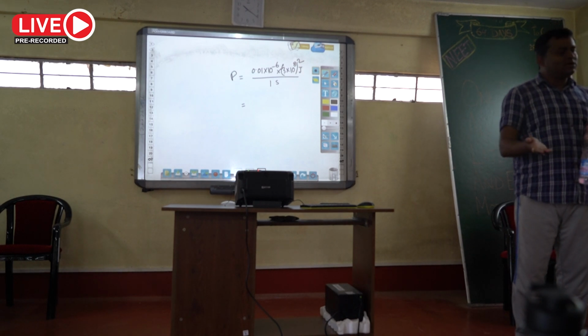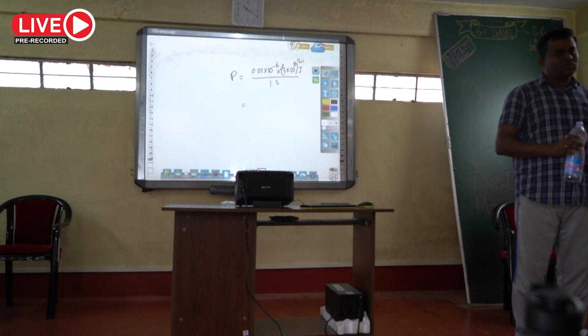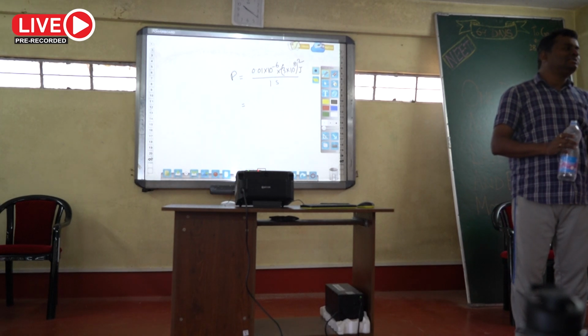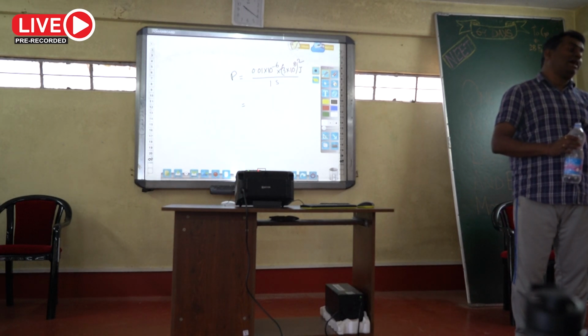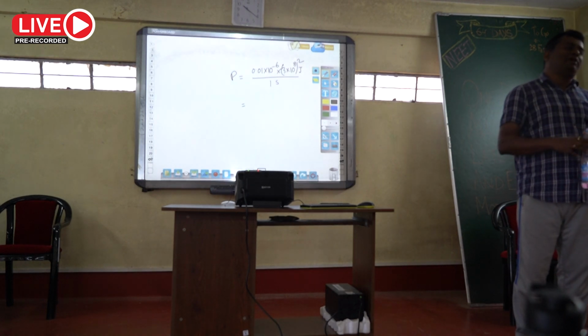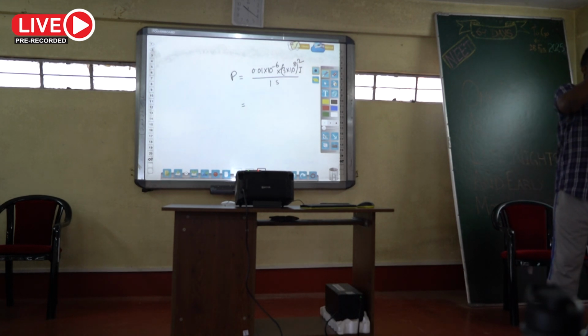So when silicon gets 0.7 volt, the voltage across germanium is also 0.7, not 0.3, because the silicon and germanium diodes are connected in parallel. So 12 minus 0.7, that is 11.3 volt. Parallel means voltage cannot differ.